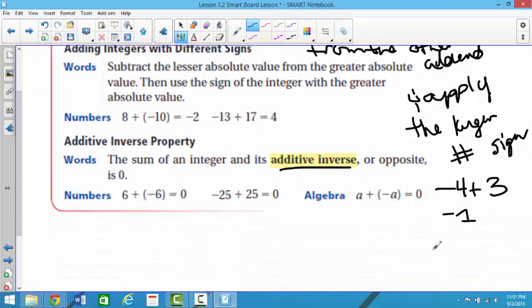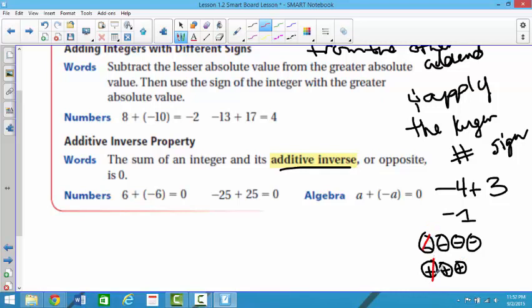And when we did it in tiles, that's where we had that zero pair. So if we have 4 negatives, and we're adding to that 3 positives, you create that zero pair, and you're going to cross out each positive and negative that matches up.